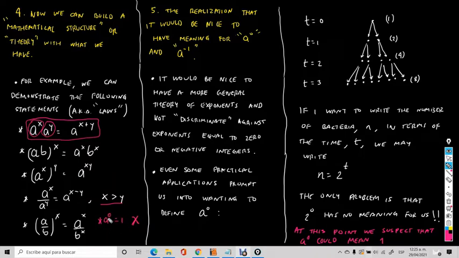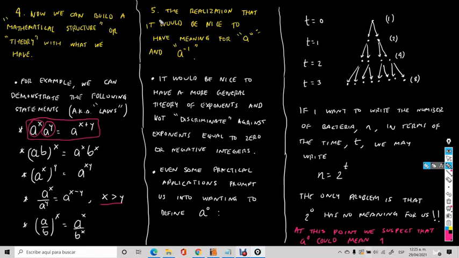Because according to our definition, this thing doesn't even exist. So how can you affirm that this object, which doesn't exist, is equal to 1? It's meaningless. You see, this is not a demonstration. That's what I've been telling you. It cannot be a demonstration. I cannot demonstrate anything about a concept that I don't even know what it means.